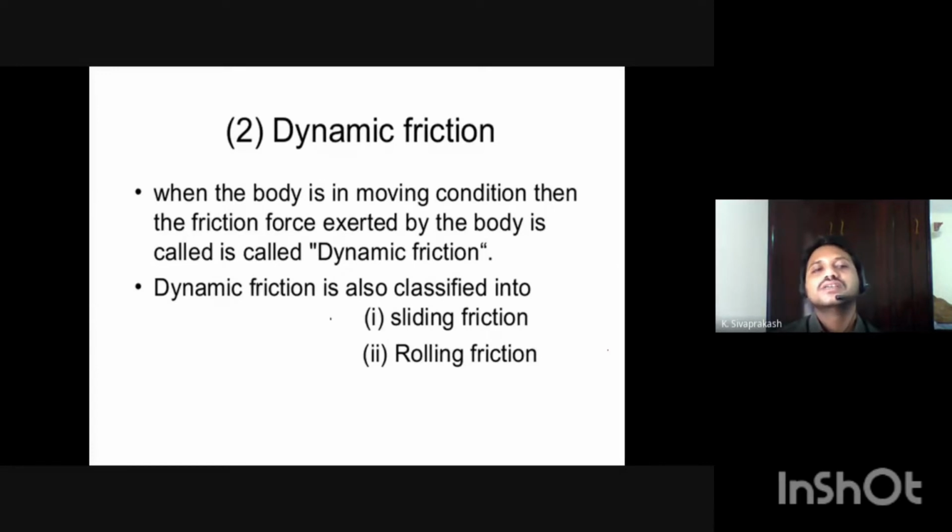See here, dynamic friction is when the body is in the moving condition, and then the friction force is exerted by the body. Now, dynamic friction is further classified into sliding friction and rolling friction. These two come under dynamic friction. What is the difference between sliding friction and rolling friction?